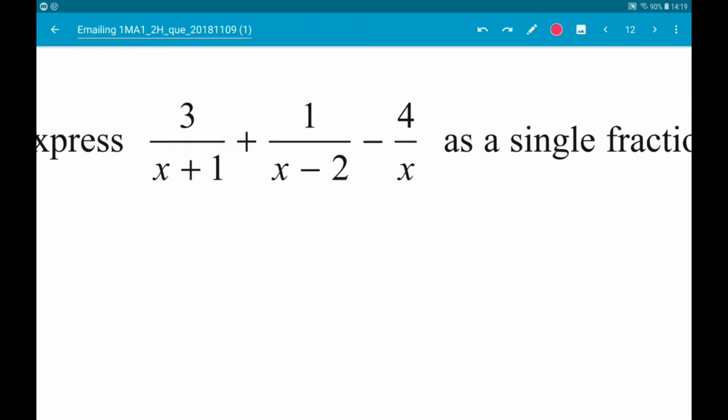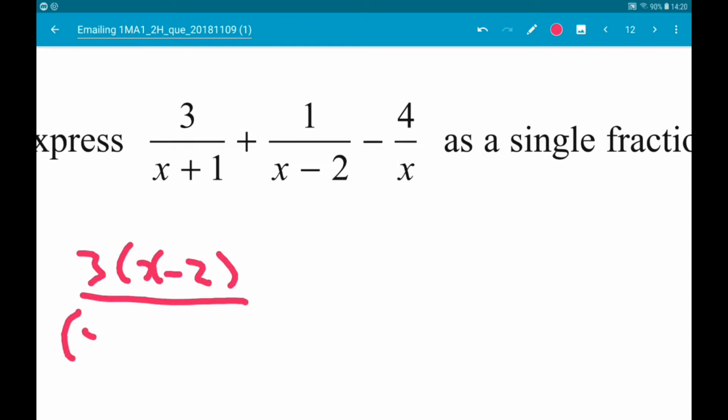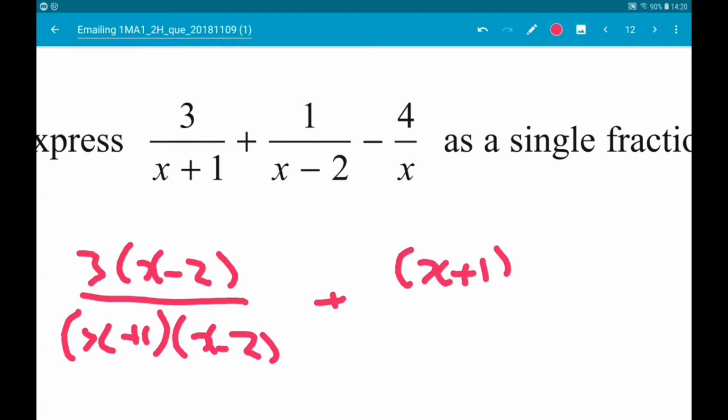So we get 3 lots of x minus 2 over x add 1 times x minus 2, and then for the second fraction we need to multiply the top and bottom by x add 1. So we're going to get add x add 1 over x add 1 times x minus 2.